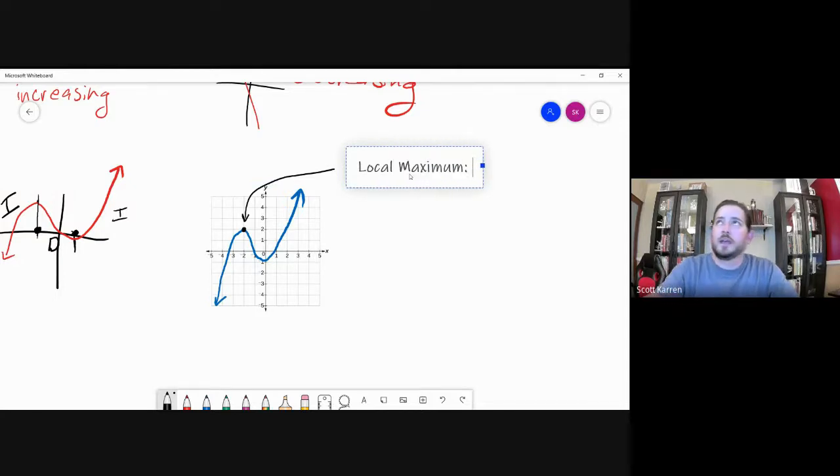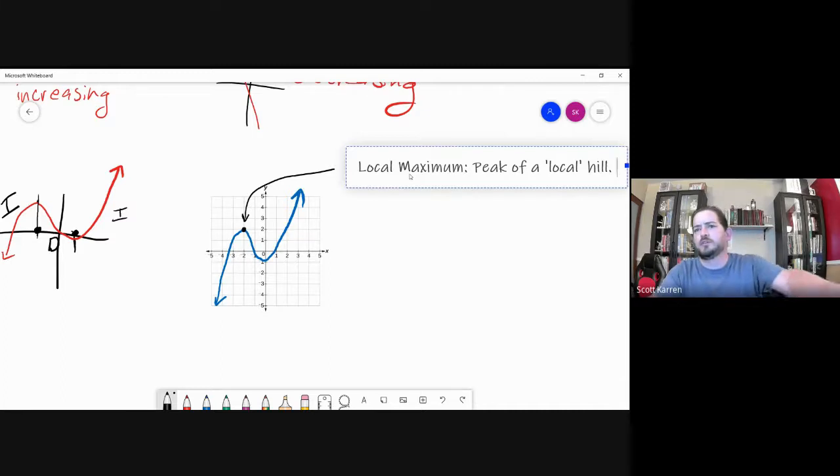A local maximum is just the peak of a local hill. For any of you that have gone on a hike, sometimes you hike up to a little peak, and that's the top, you couldn't go any higher walking in any direction, but there may be a mountain over there that's bigger or higher than where you are. But for where you're at, you're at the top of the mountain that you're at, and that's what the local maximum is.